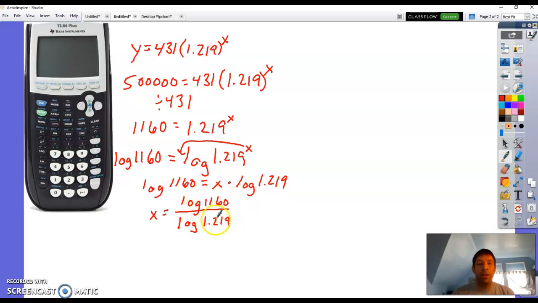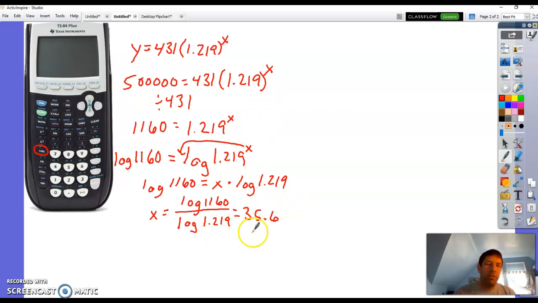but we can do this on our calculator. On your calculator, you can see right over here, you've got the log button. Okay? So that's what you would use. And if we take the log of 1,160 and we divide by the log of 1.219, we should get approximately 35.6.